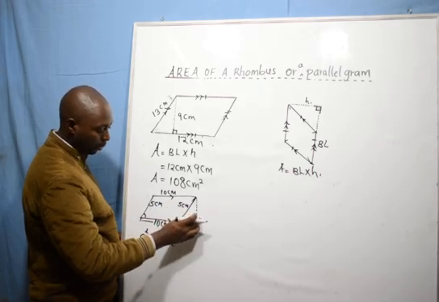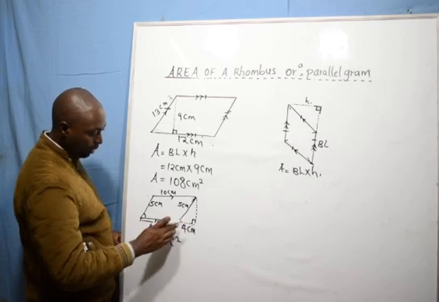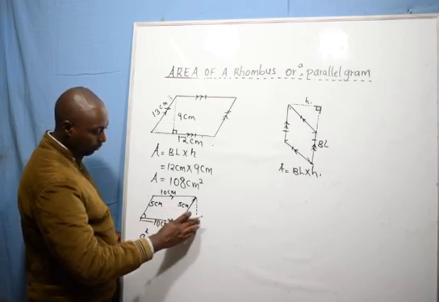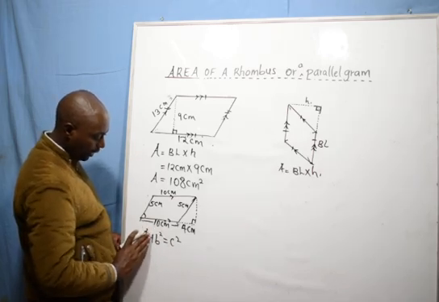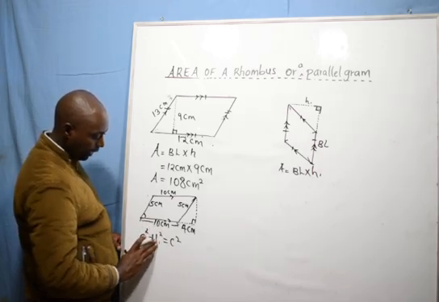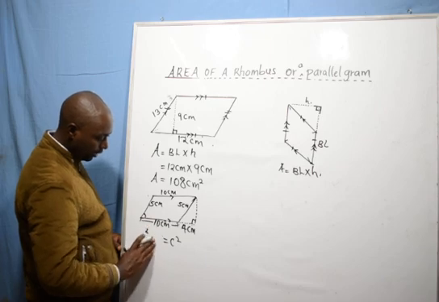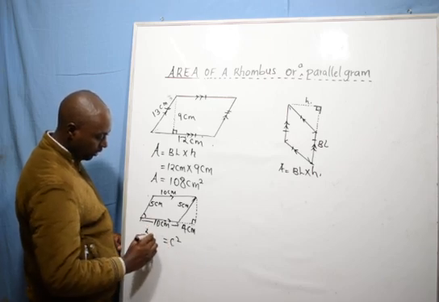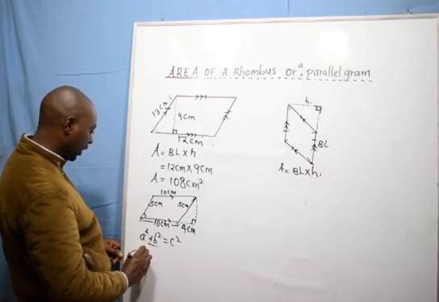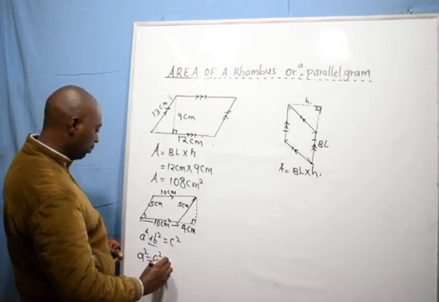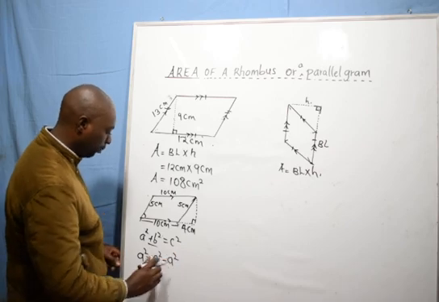I'm looking for a shorter side. So maybe I'll name this a, this b, this c. To get a squared, I'll need to take b squared to the other side. So a squared should be c squared minus b squared.